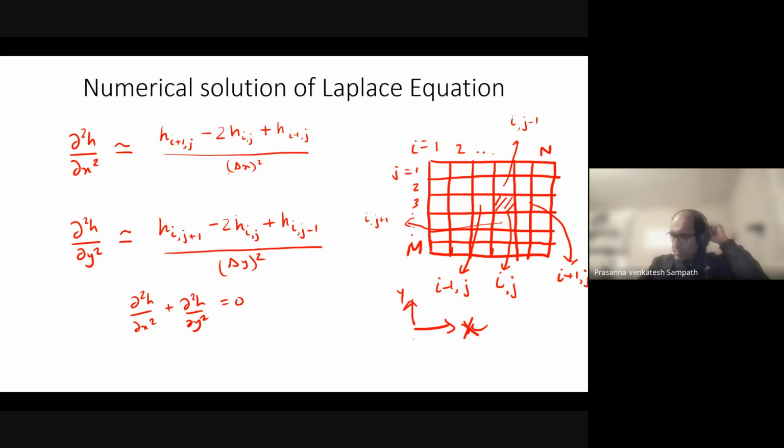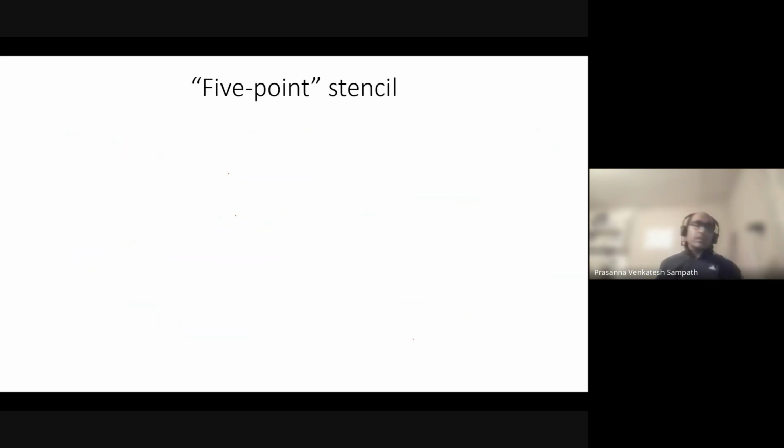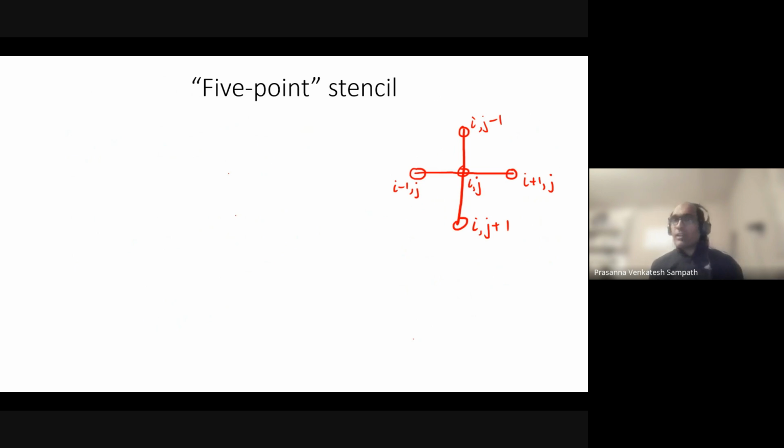Okay. So let me just go to the next point. What I have done is I have identified 5 cells. I'm just going to draw something that looks like 5 circles connected to each other.